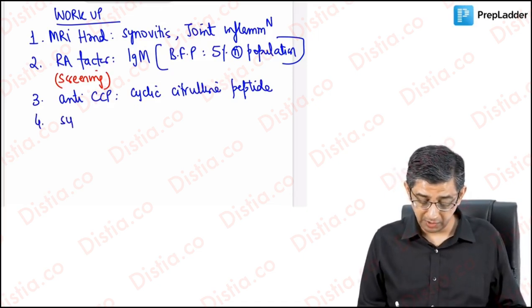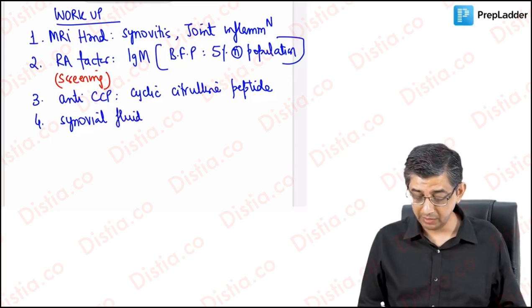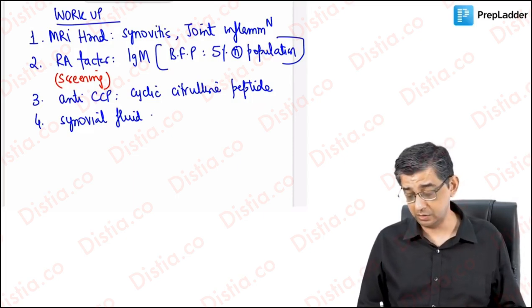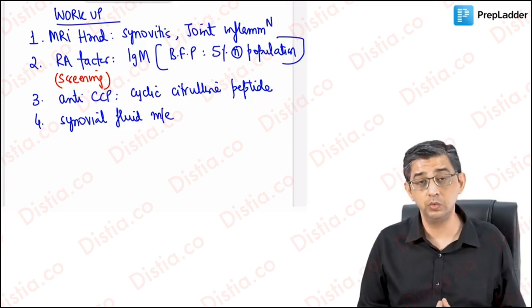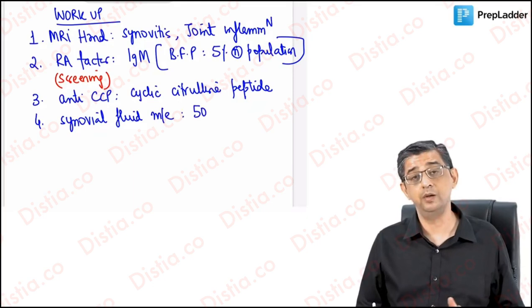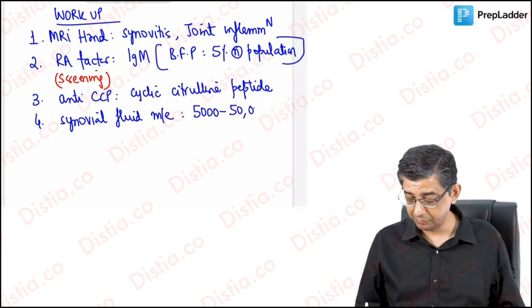The fourth test that I'm saying is usually not done in the majority of cases. This is just for academic reasons: if you do a joint aspiration in this patient and then subject the synovial fluid to microscopic examination, because it is inflammatory, you will have a higher number of cells. The cells can range from 5,000 to 50,000.